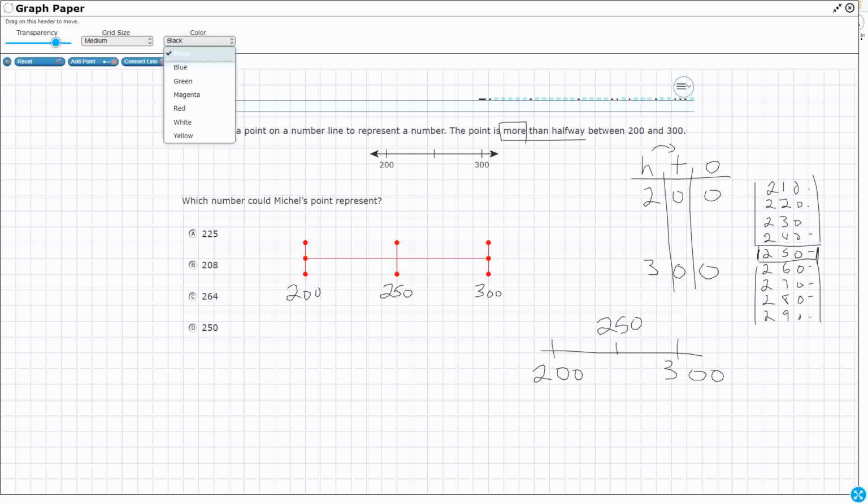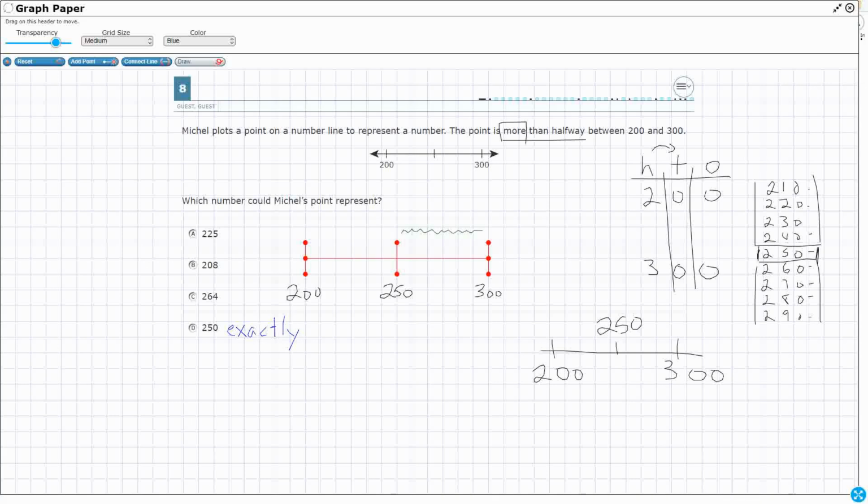When I'm thinking more than halfway, I'm thinking it's going to end up being somewhere in this area right there. That's my more than halfway. That 250 doesn't quite cut it for me because it's exactly halfway. So we want this to be more than halfway. So probably not that 250 because it's already right there.